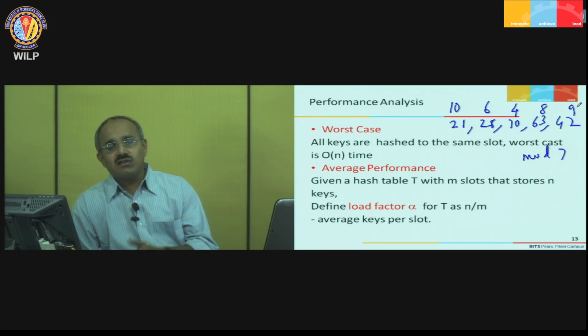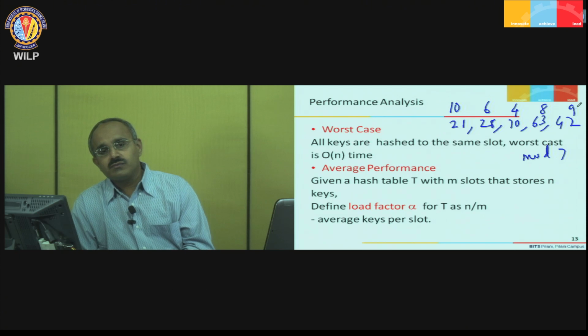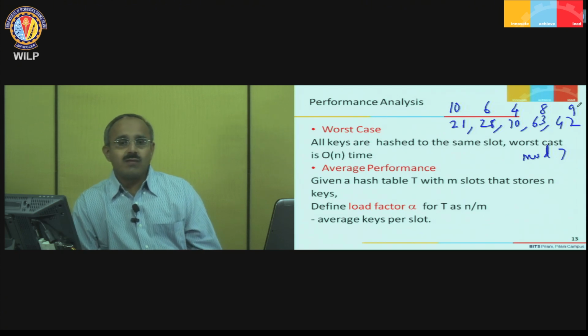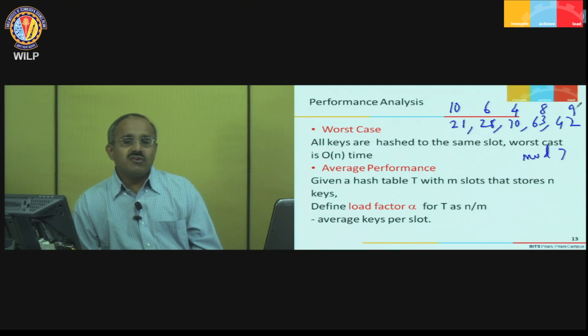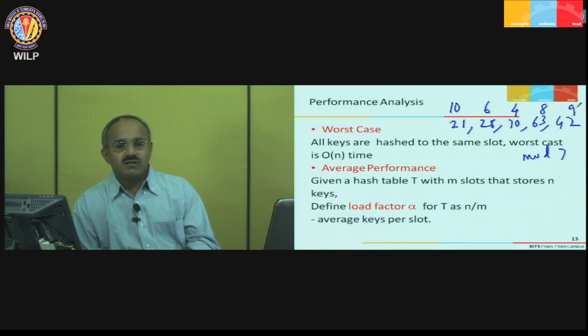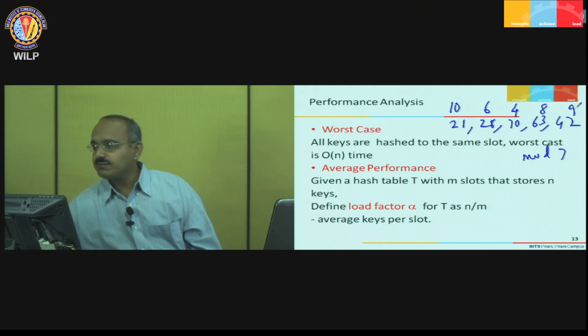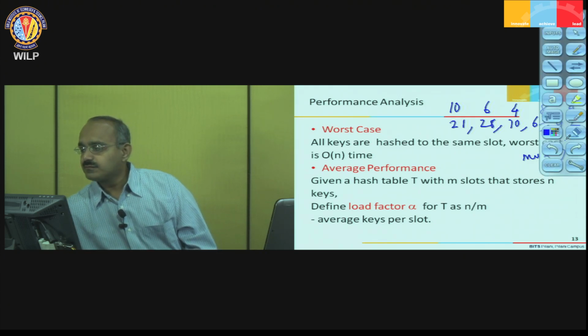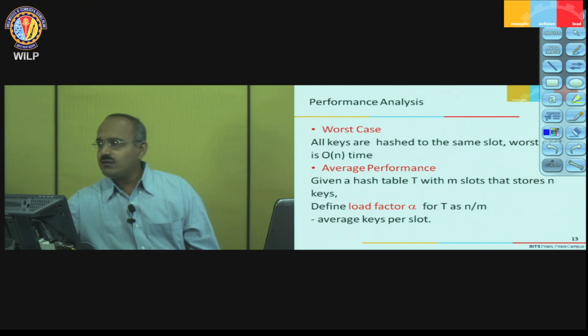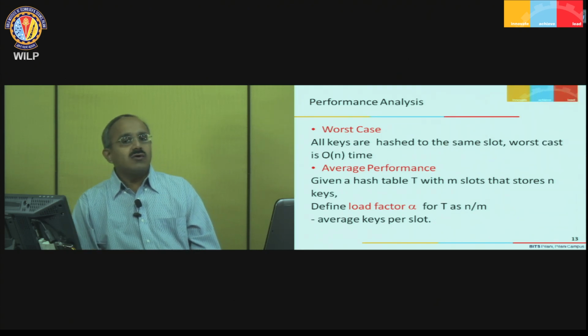So, the worst case is linear, and the best case is constant time. The best cases are nothing but perfect hash functions or direct address tables, that is, there are no collisions at all, or the size of the table is equal to the size of the universe of keys that you are going to deal with.